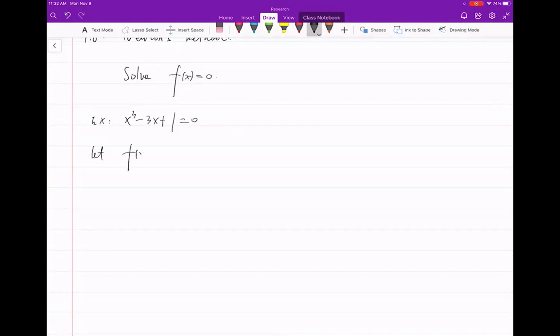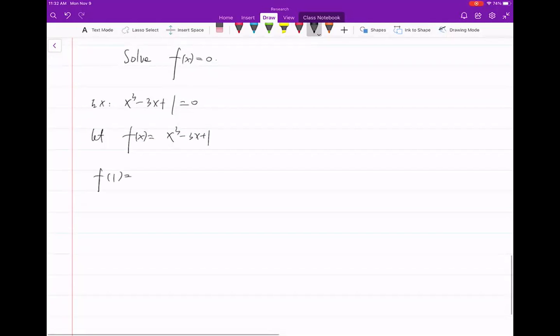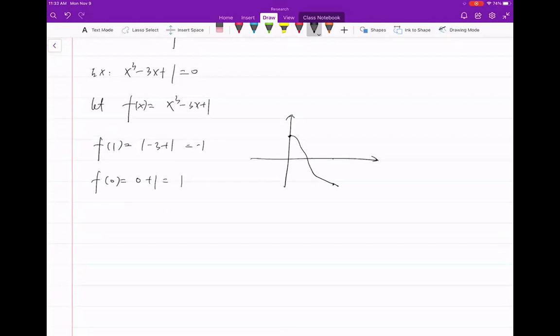Let F1, F0, therefore, there is a root due to the intermediate value theorem. Make sense so far? It's continuous and everything.